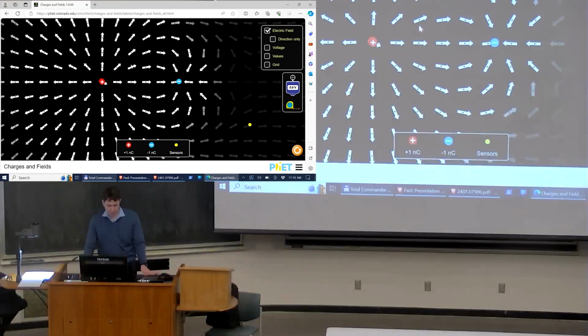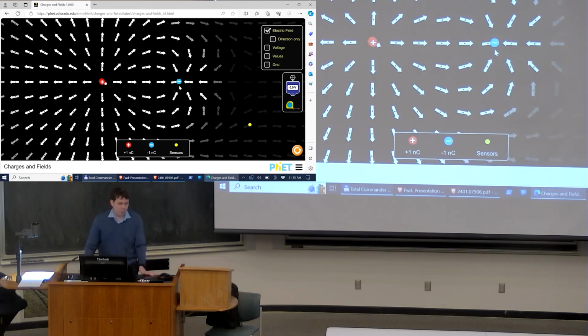And what we see here is in a bigger region of space, the field of this positive charge looks very close to the field of that charge just in isolation, because this negative charge is significantly smaller.